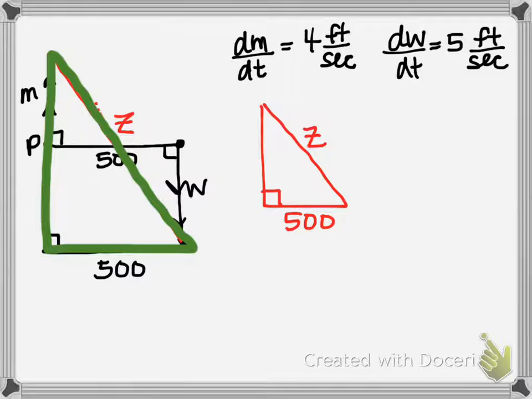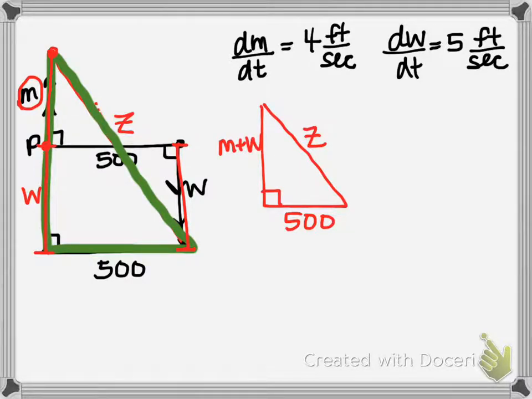Going back to my diagram, from point P up to the top of this triangle, that was the distance that the man has walked. But notice from point P down to the base of this triangle, that line segment would be equivalent to the distance that the woman has walked south. So we could label that as w. Therefore, the entire length would be m plus w.